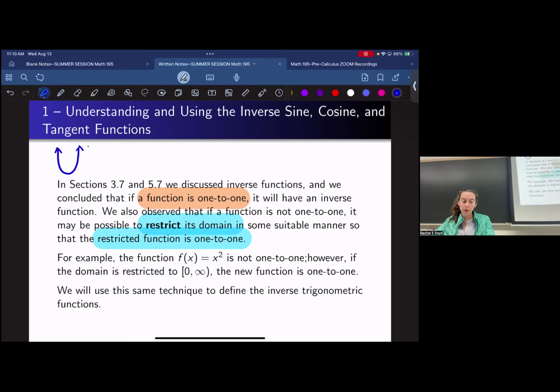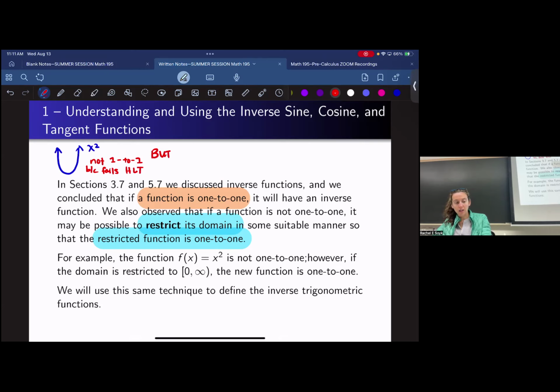And the most common visual example of this is if we looked at just our quadratic function x squared, we know that this function is not one-to-one because it fails what test? Yeah, it fails our horizontal line test. So not one-to-one because it fails our HLT, our horizontal line test.